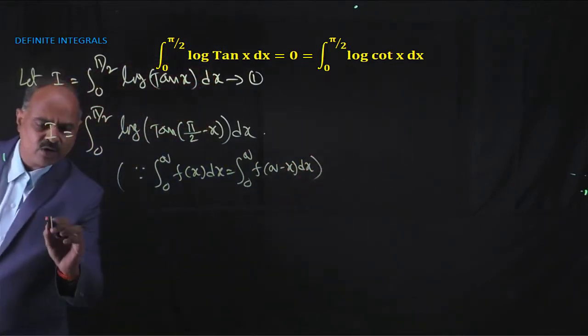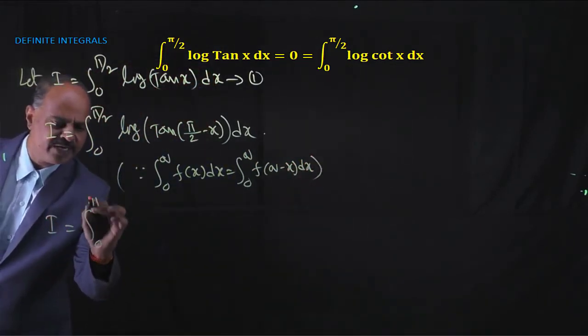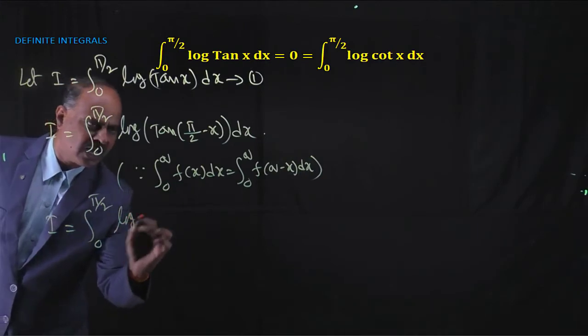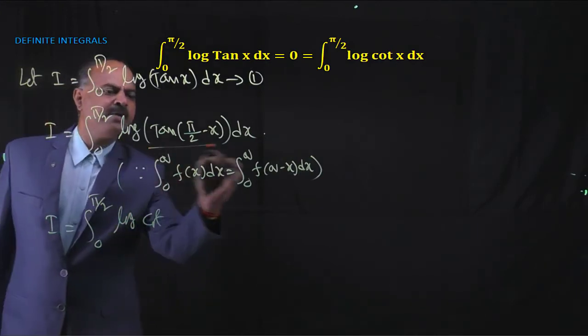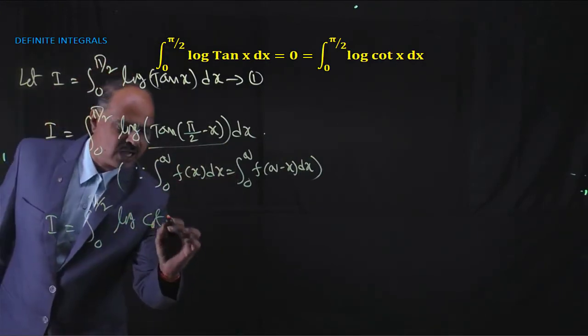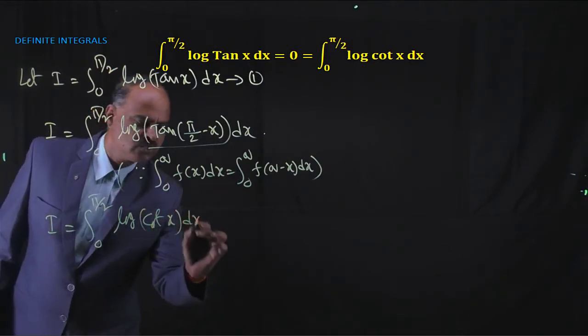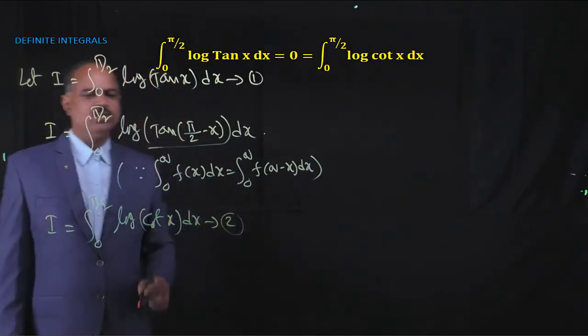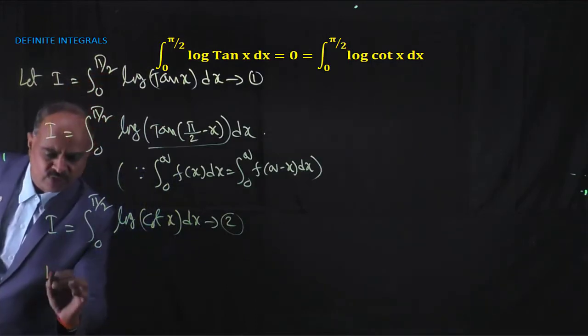So I equal to integral 0 to pi by 2 log of tan of pi by 2 minus x, that is equal to log cot x dx. So this is equation number 2. Now adding 1 and 2.